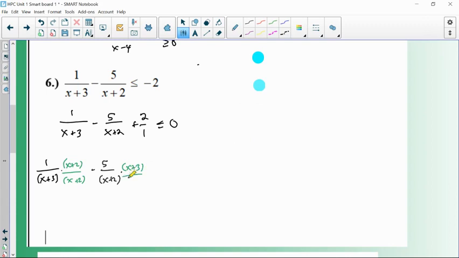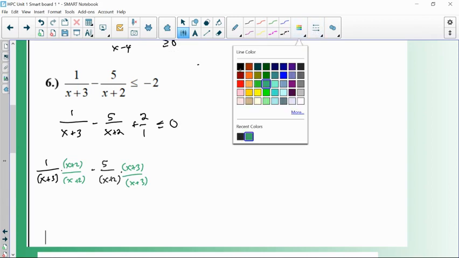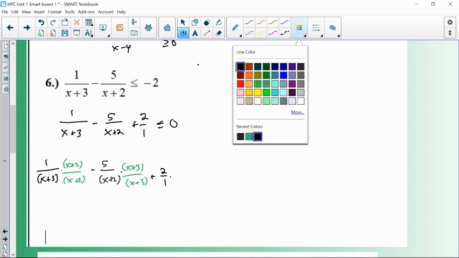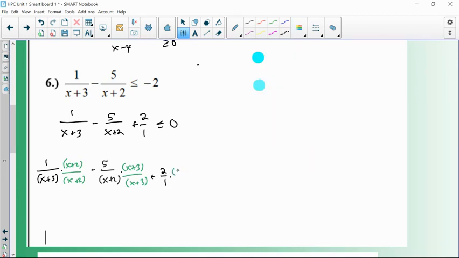So there's that fancy 1 multiplying, and then plus 2 over 1, and it needs both, right? Because it didn't have any of them. So it has x plus 3 over x plus 3, and then x plus 2 over x plus 2 is less than or equal to 0.